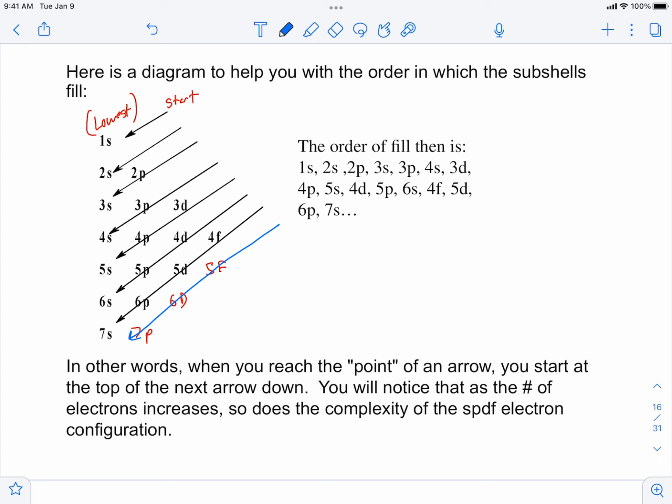But you notice I did not write 8s. That's because there is no known element with enough electrons to start the 8th energy level. That is why your periodic table only has 7 rows. 1, 2, 3, 4, 5, 6, 7. If we had an 8th, it would start here. Okay?